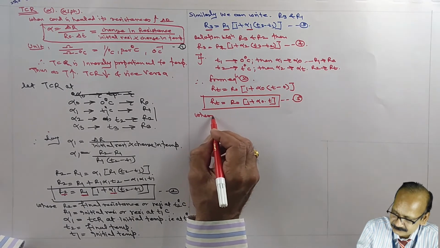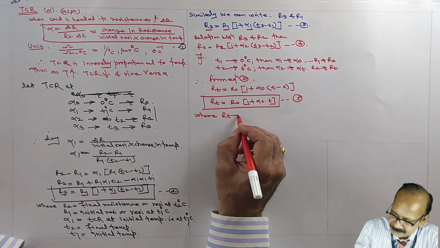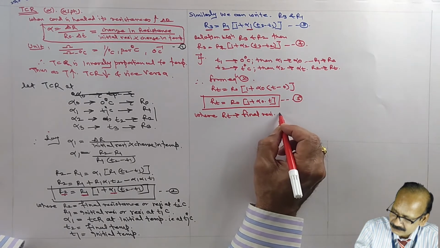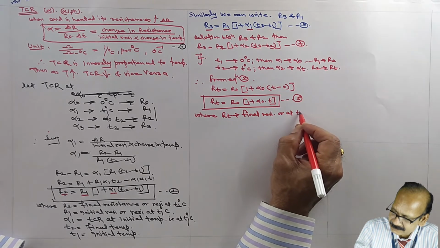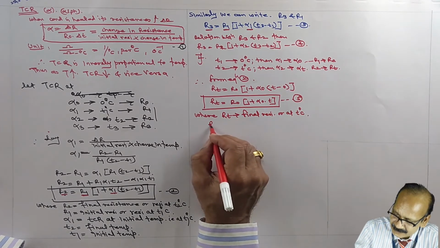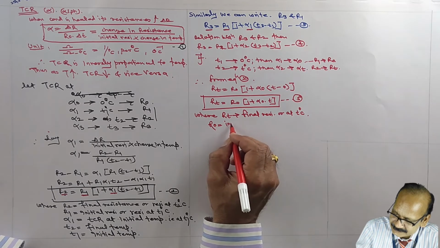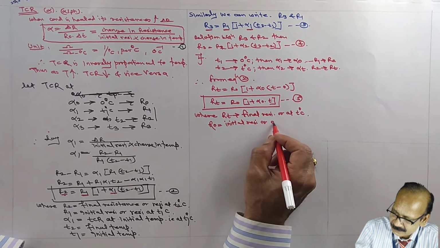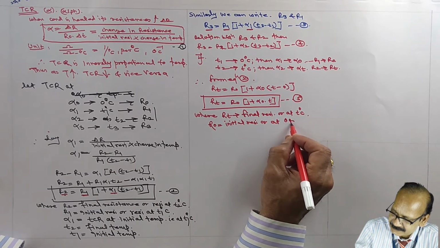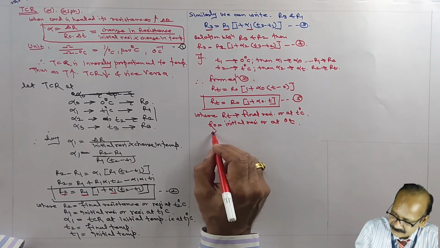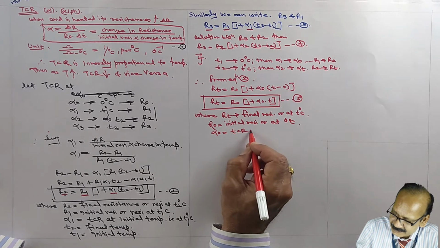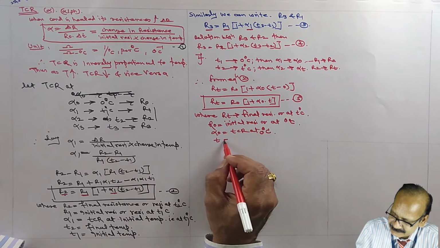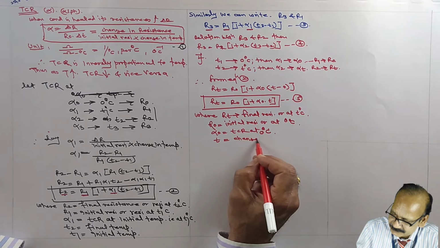Where RT is the final resistance at T degree Celsius, R0 is the initial resistance at 0 degree Celsius, alpha 0 is the TCR at 0 degree Celsius, and T is the change in temperature.